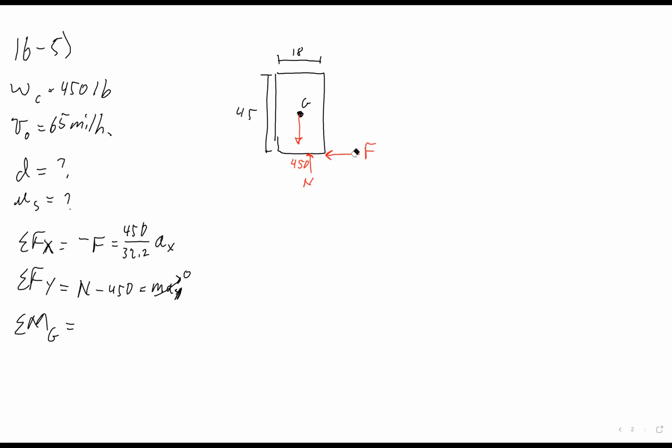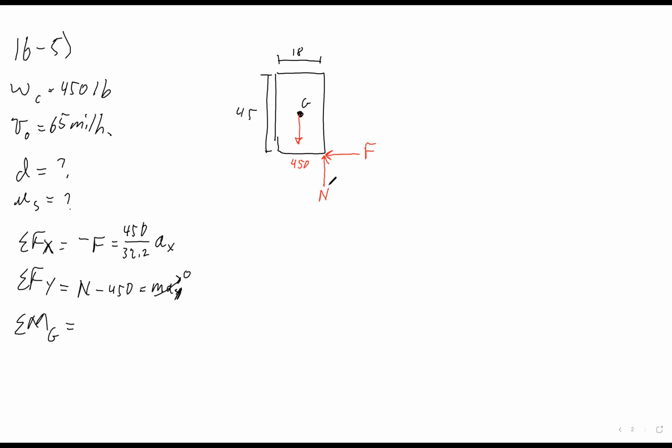So it says determine the minimum distance required to stop the truck without causing the crate to tip over. So we're back to that scenario again, where we basically have the crate about to tip. So I'm going to move the arrow, but it doesn't quite tip, which means the normal force is actually right at the corner.